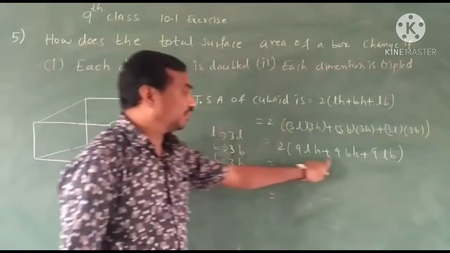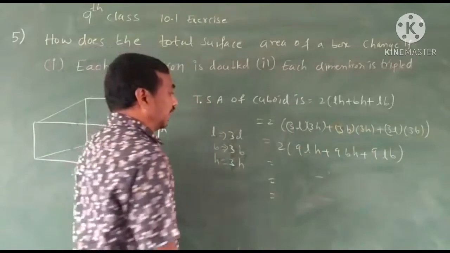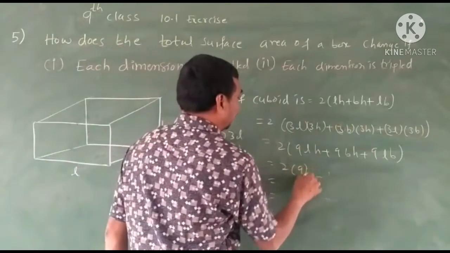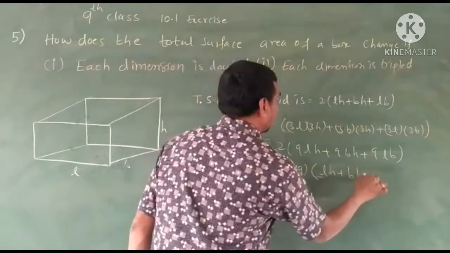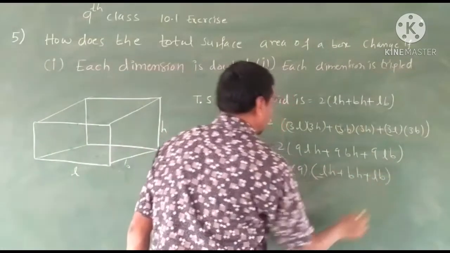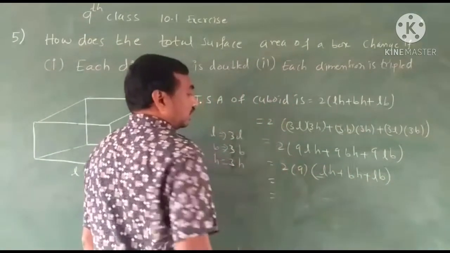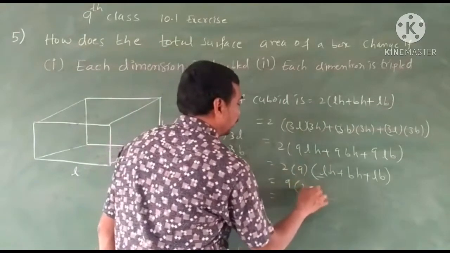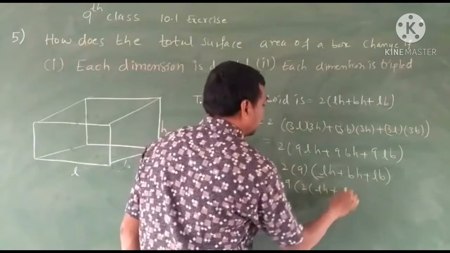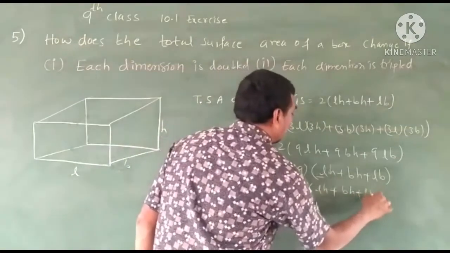So again, in each and every term we are having 9 as common. 2 into 9 into (LH plus BH plus LB). So again I can make this 2 into 9 as 9 into 2 (LH, BH and LB).